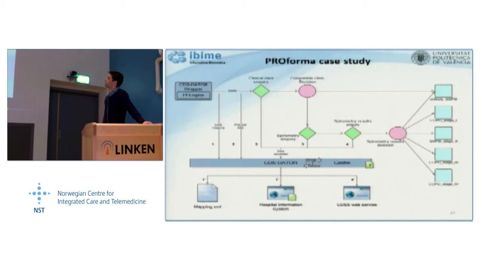So with the spirometry data of the patient, a CDS system was consulted, and the solution of the system was passed back to the Proforma guideline. So the last decision node, the spirometry results decision, works the same as with the other Proforma guideline, but it's going to take a more informed decision. So next, please.